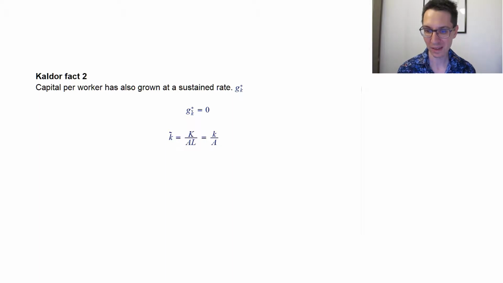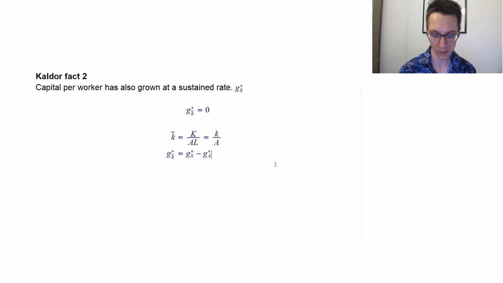So we know that in the long run, the growth of capital per effective worker is going to be what? The growth of capital per worker minus the growth of technology.